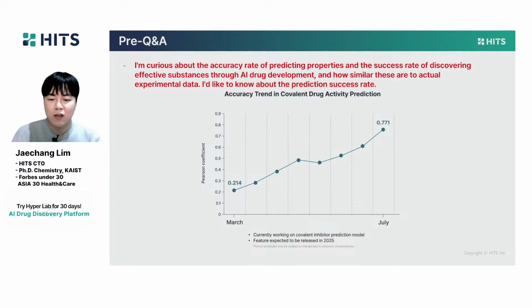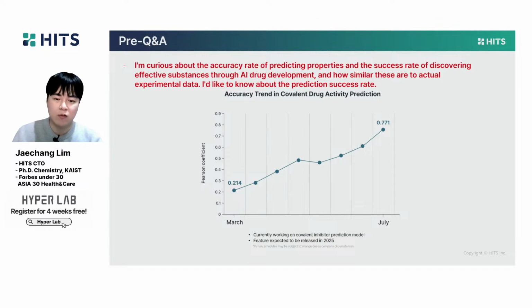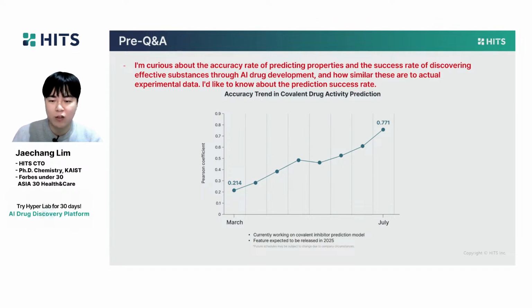We started this project this year, and when we started in March, we started with only about 3,000 experimental data points, and the correlation coefficient was only 0.2. But as of July, it has improved to 0.77. It's quite a significant increase, and we continue to train to show higher performance.